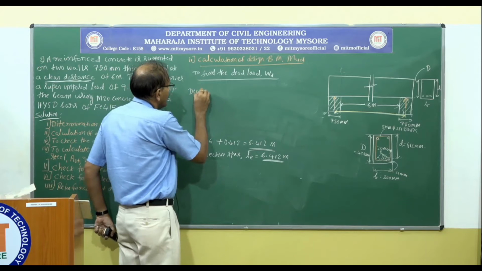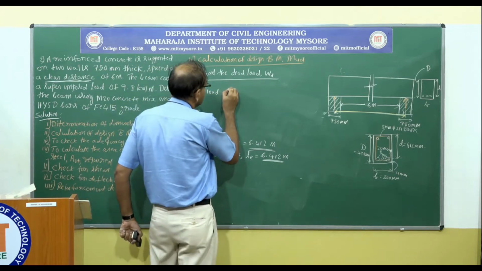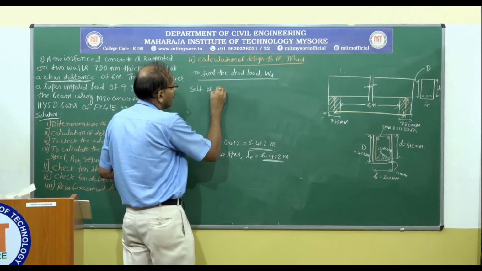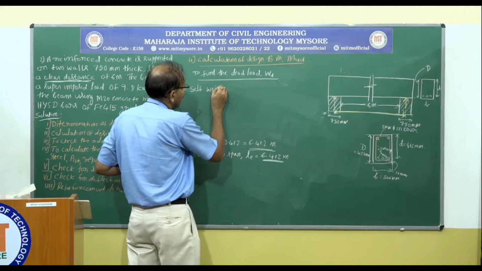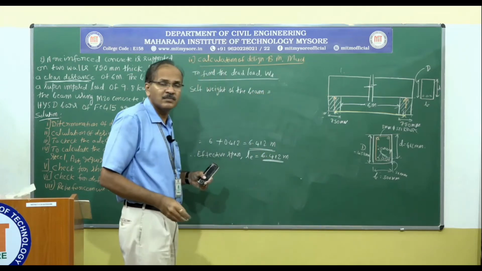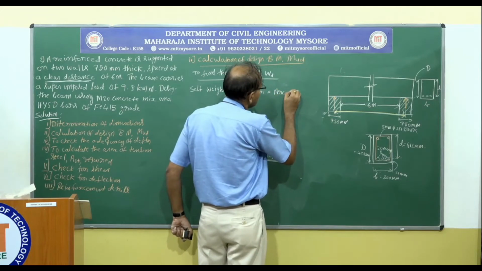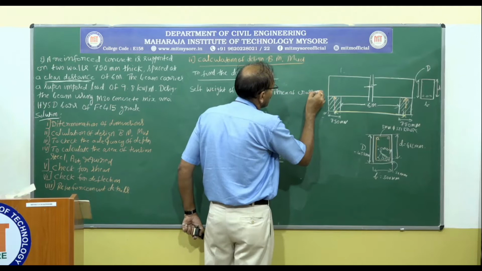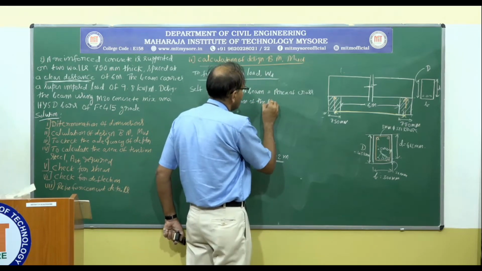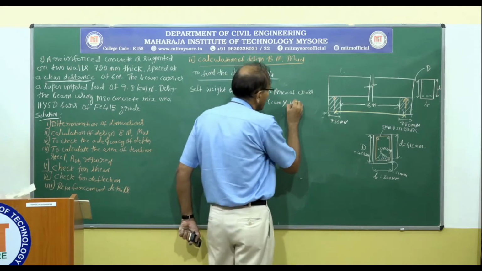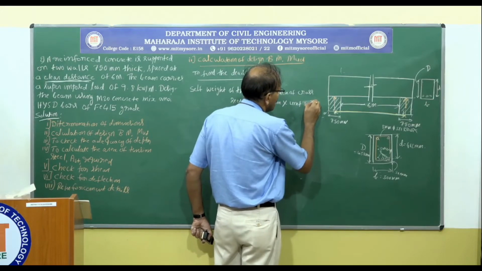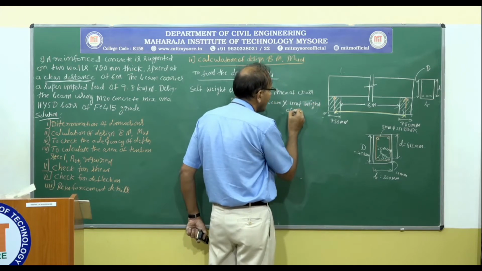Self weight of the beam equal to area of cross section of the beam multiplied by the unit weight of reinforced concrete.